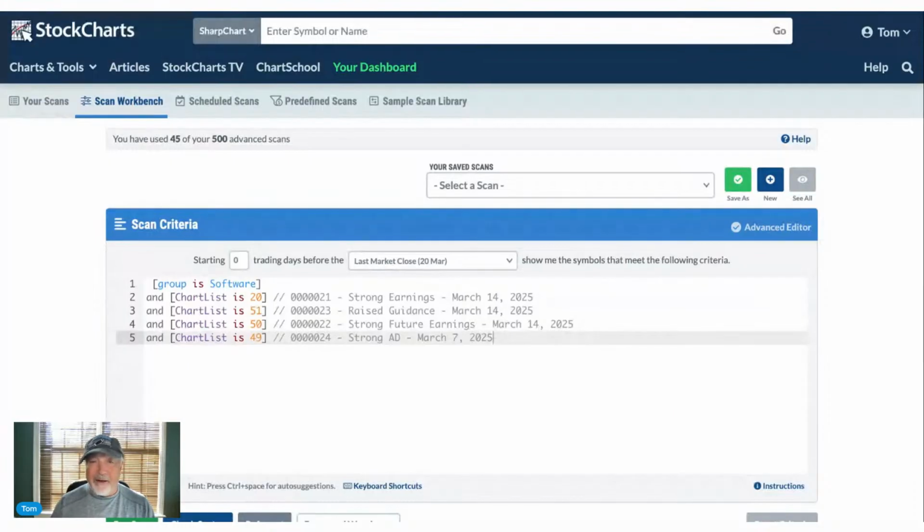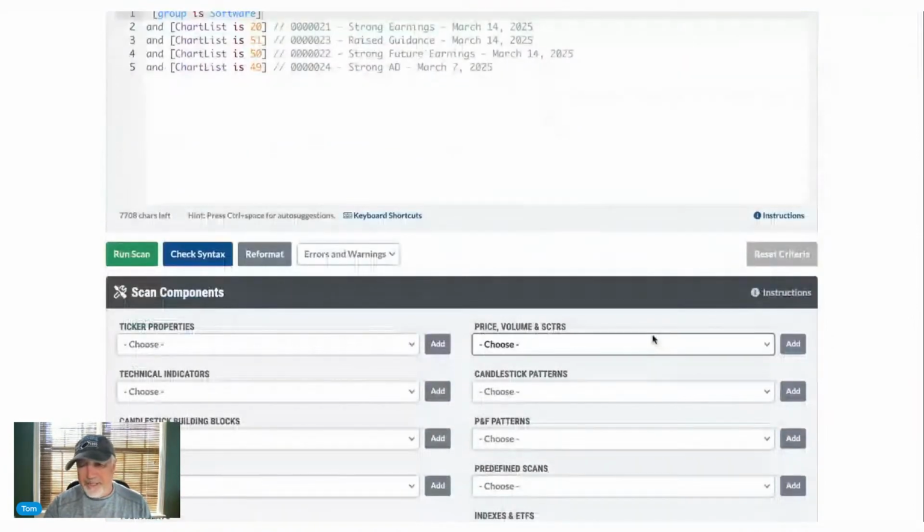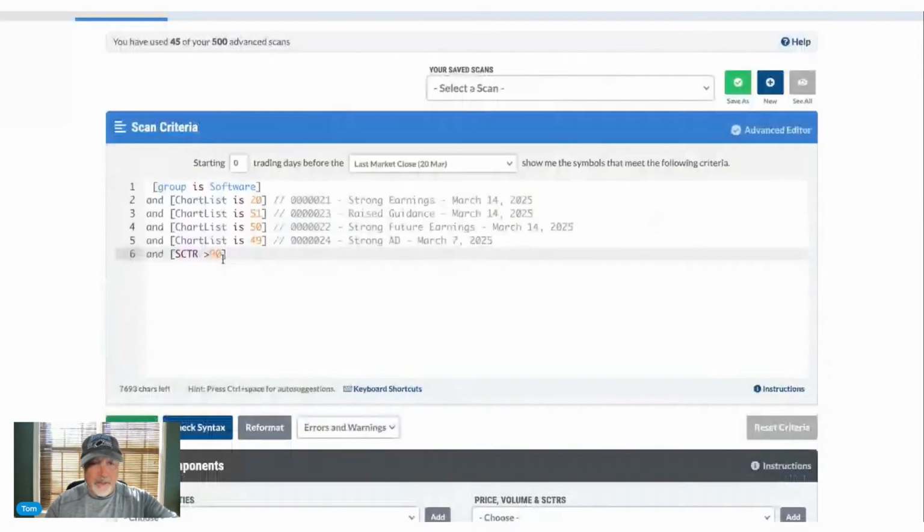It really doesn't matter about the scooter. So we could put a limit on it here if we want. We could say the scooter has to be above a certain level. So let me go in here and do that. We'll just say Scooter's got to be at least 75. So we're going to add the Scooter. There it is.